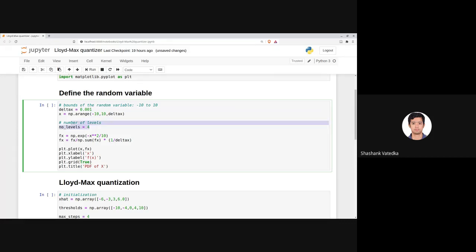I can change the number of levels, right? So I'm going to try to construct a 2-bit quantizer. 2 bits corresponds to 4 levels. All right, and let's choose some particular distribution. Let's say that this is Gaussian. So f of x is e to the minus x square by 10. What is the variance of this Gaussian?